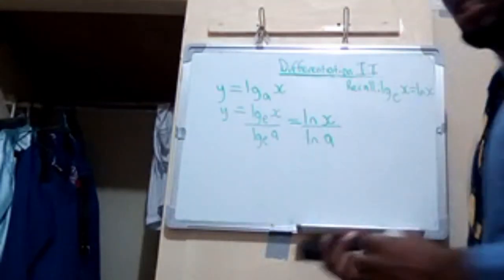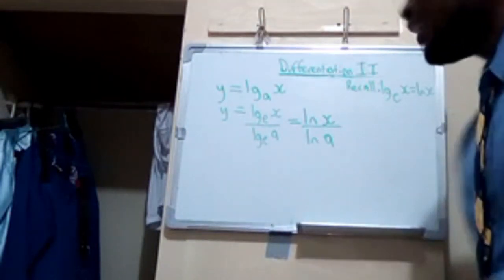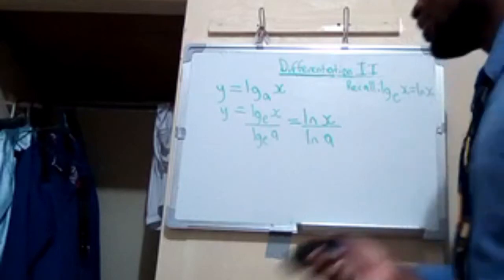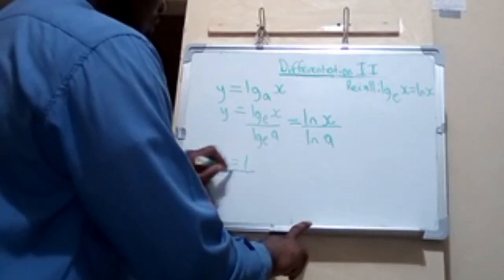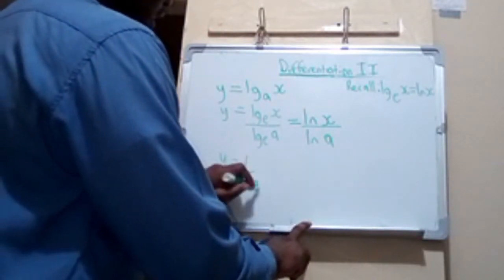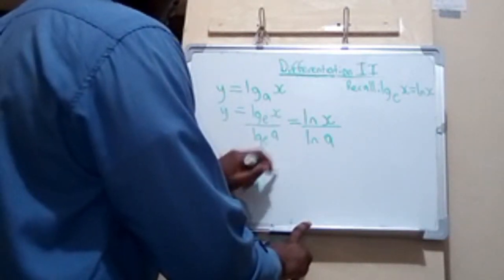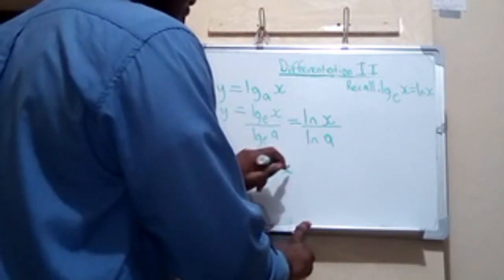Now ln a is just a constant. And so y is equal to 1 over ln a times ln x.